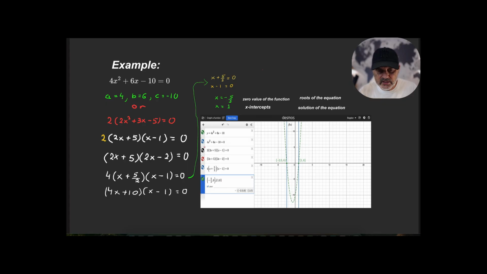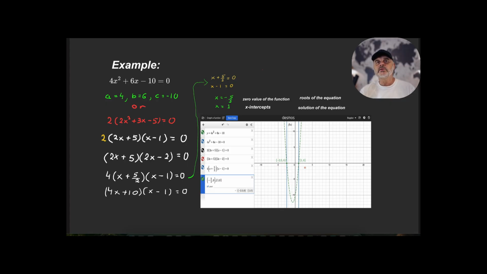The moment you make it equal to 0, on your screen, instead of seeing the graph of the function, you're going to see two vertical lines that go through specific points on the x-axis. Those points are already known. They are negative 5 over 2 and 1.